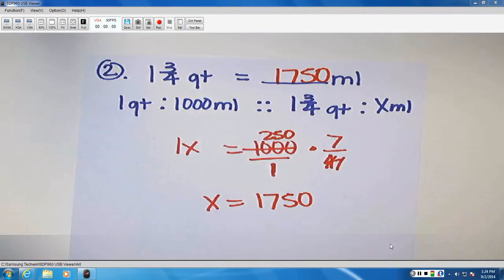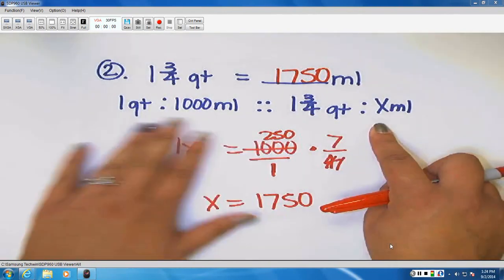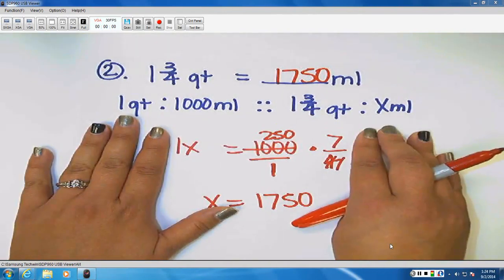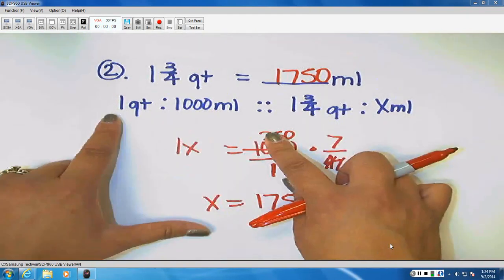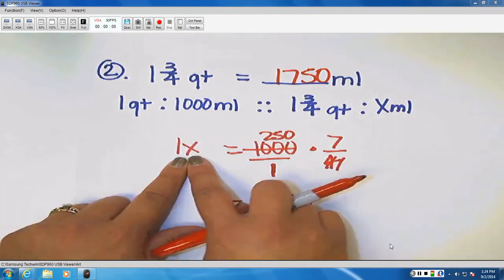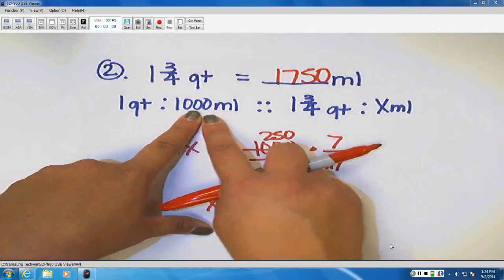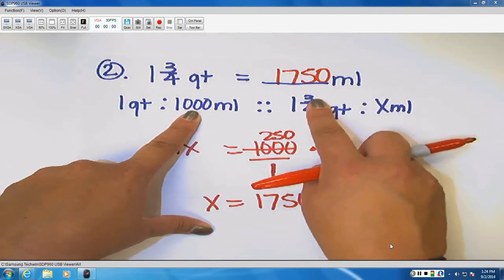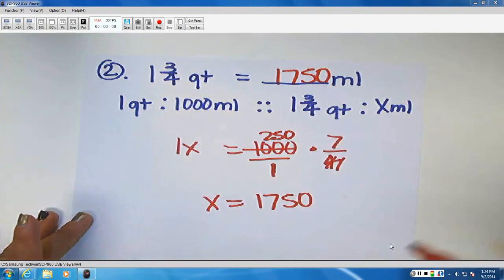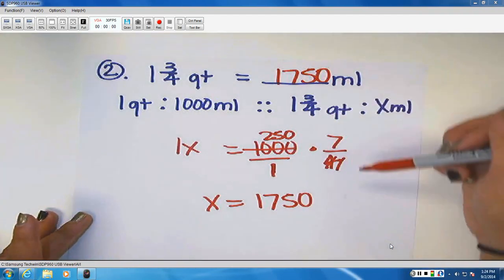I did that by setting my equation up. This is what we knew. This is what we wanted to answer. I multiplied my outer numbers and then my inner numbers. So this 1 times x equaled 1x. And then I took 1,000 and multiplied it by 1 3/4. First, I took that 1 3/4 and changed it from a mixed number to an improper fraction, which was 7/4.